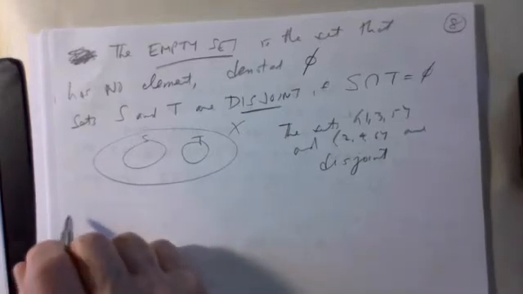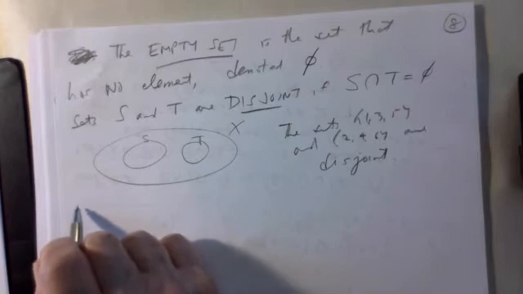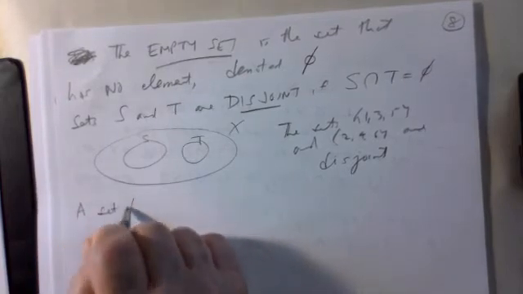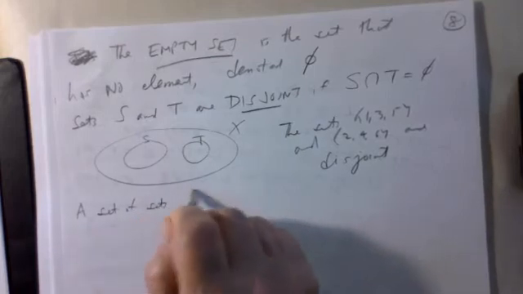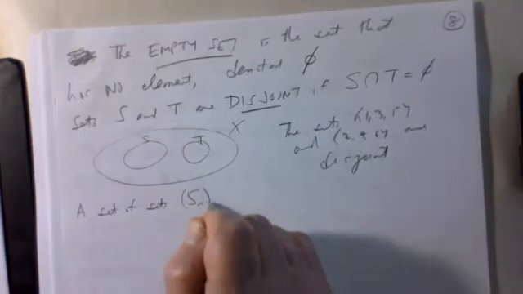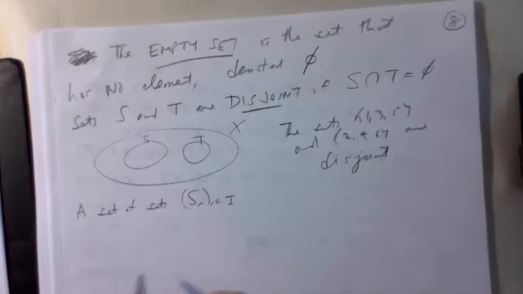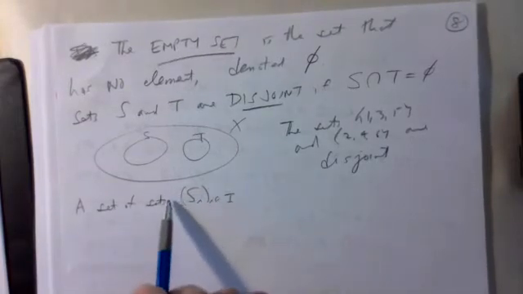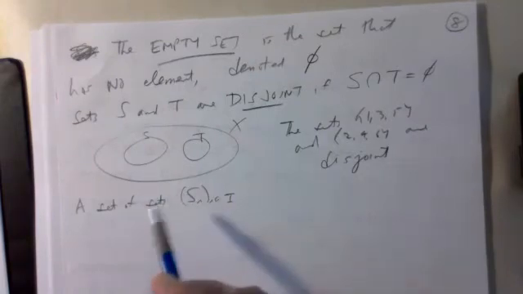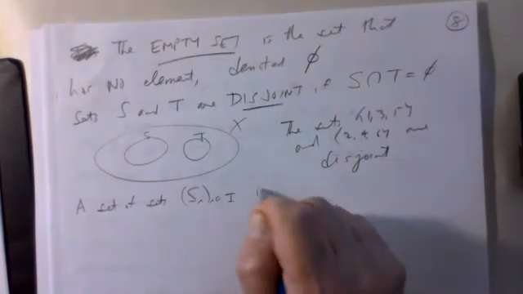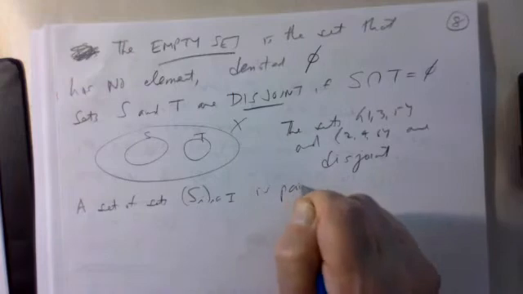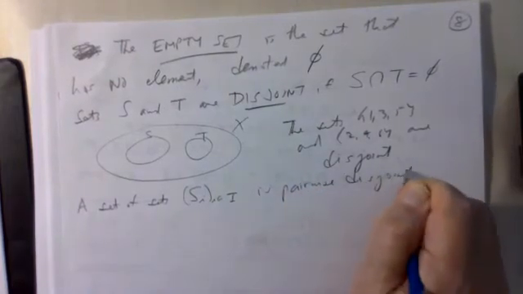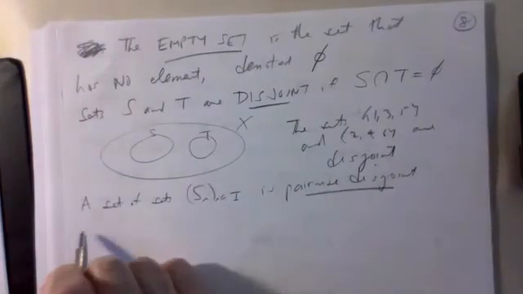And a family of sets, or a set of sets, let's call it, say, S_i, indexed by a set I, that's what this notation means. Just a set of sets, a huge set, is pairwise disjoint if every two of them are disjoint.